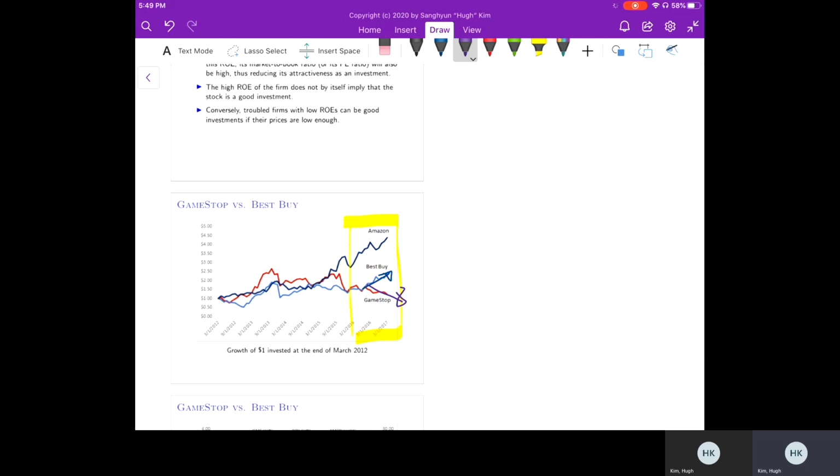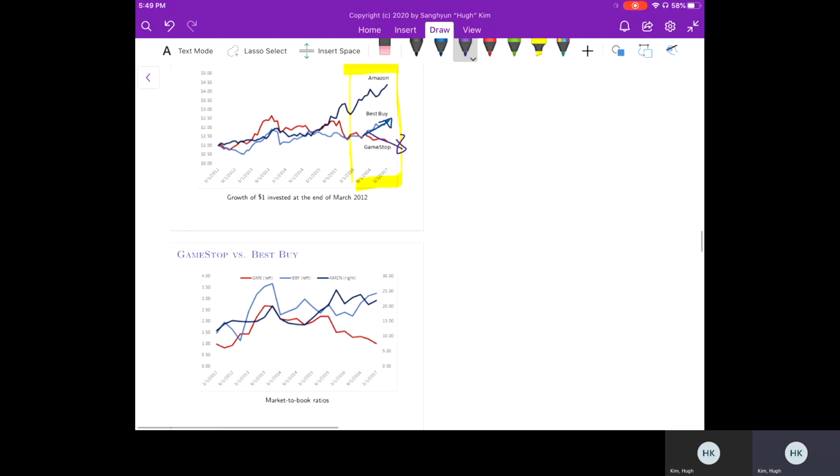So Best Buy has become more expensive, whereas GameStop has become cheaper. So we also have to consider valuations. The common measure of valuation is what is called the market to book ratio or price to book ratio.